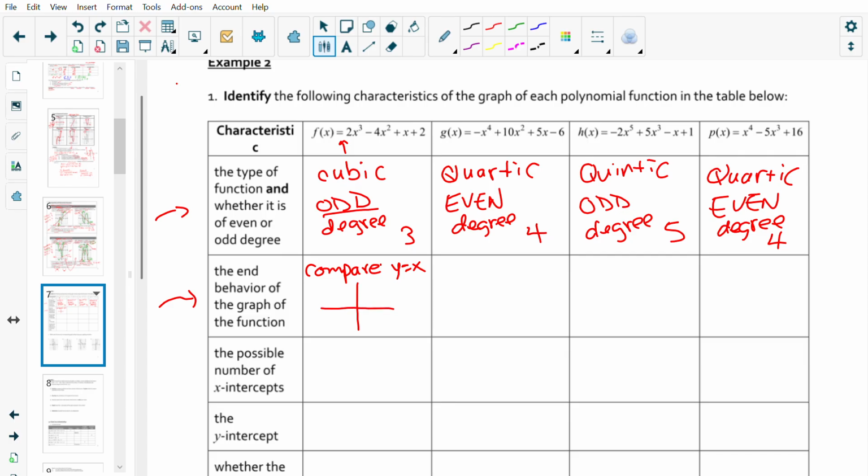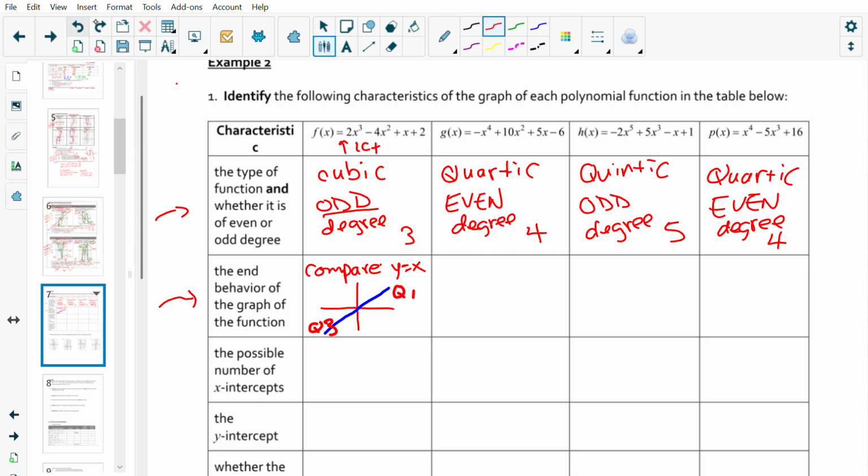When we do end behavior, I look at my LC. The lead coefficient is positive. I think about y equals x. y equals x looks like this. Therefore my cubic function is going to start in quadrant 3 and end in quadrant 1.